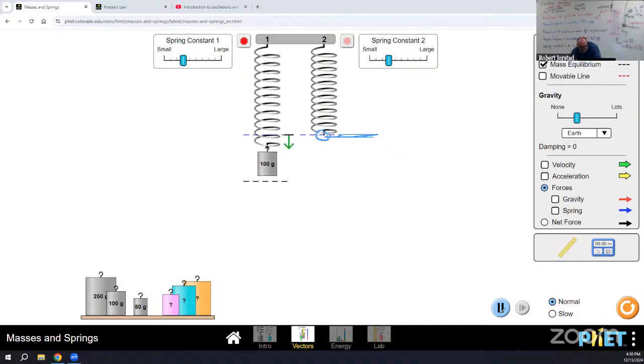All right, so if I pause this thing for a second, oh, my annotations, where are they? There we go. Let me pause this thing for a second. Or actually, let's run it in slow motion. So when this thing gets to the bottom of the oscillation, where's my annotation here? All right, we're looking at this point again.